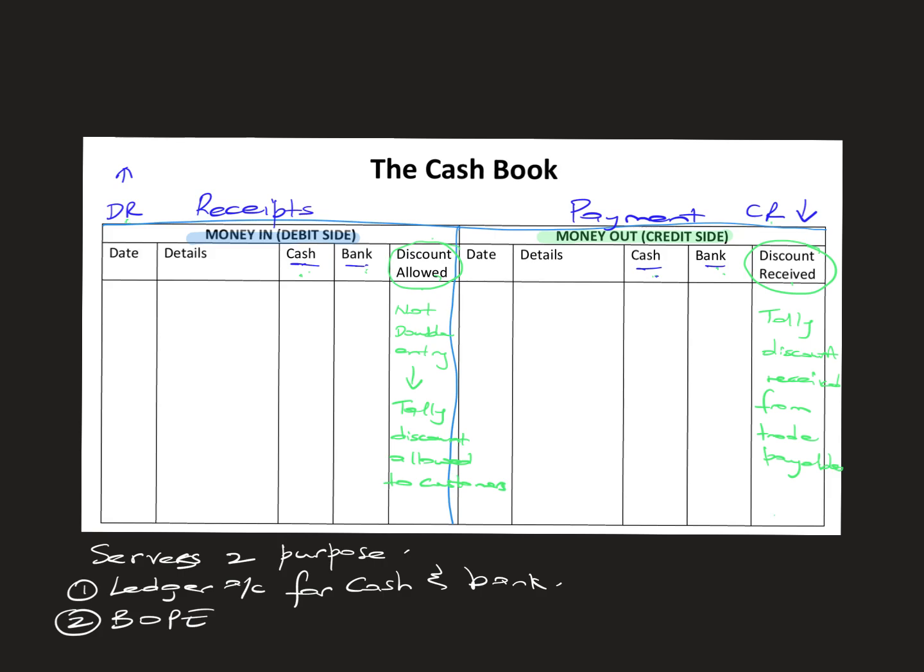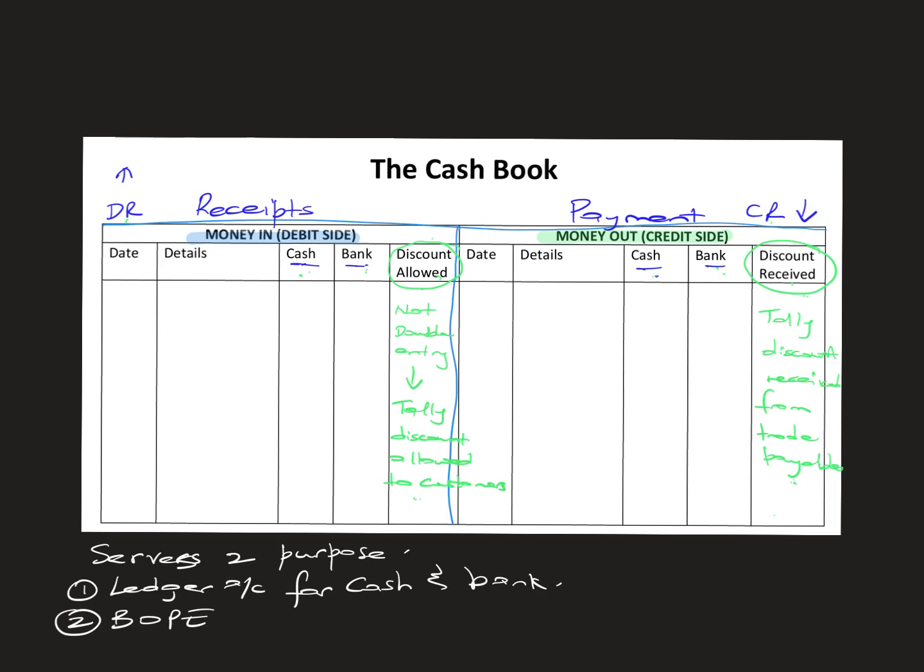It is only a memorandum, a list of all discounts received from your trade payables or suppliers, and discount allowed, which you're giving to your trade receivables, or your customers.